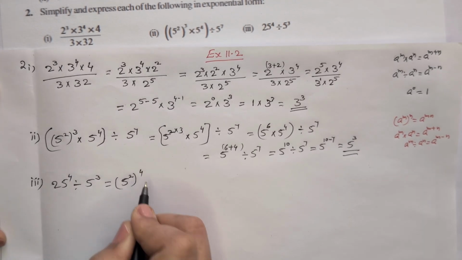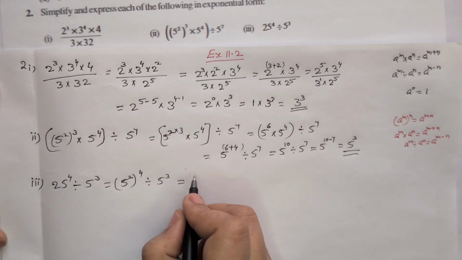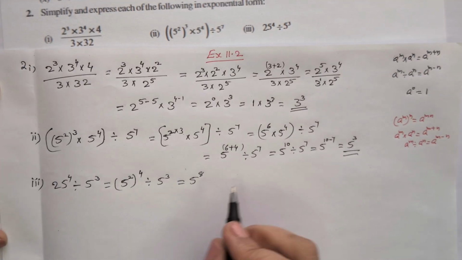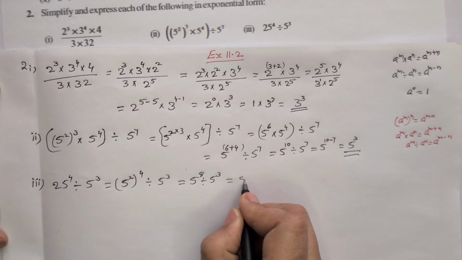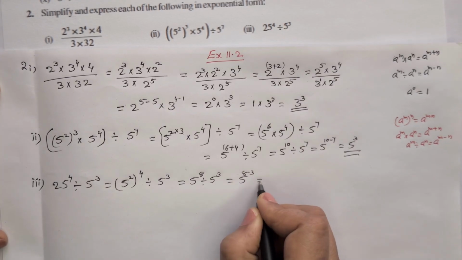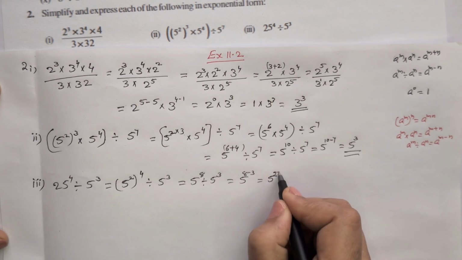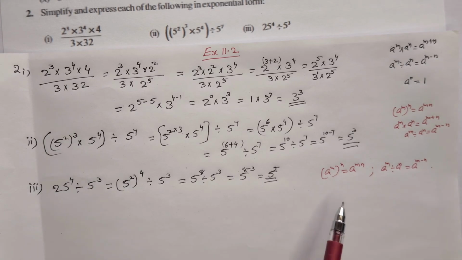That raised to 4 divided by 5 cube, which is equal to 5 raised to 2 into 4, 8, using this rule, divided by 5 raised to 3, which is equal to 5 raised to 8 minus 3, and that is equal to 5 raised to 5. Using the rule, a raised to m, the whole raised to n is equal to a raised to mn, and a raised to m divided by a raised to n is equal to a raised to m minus n.